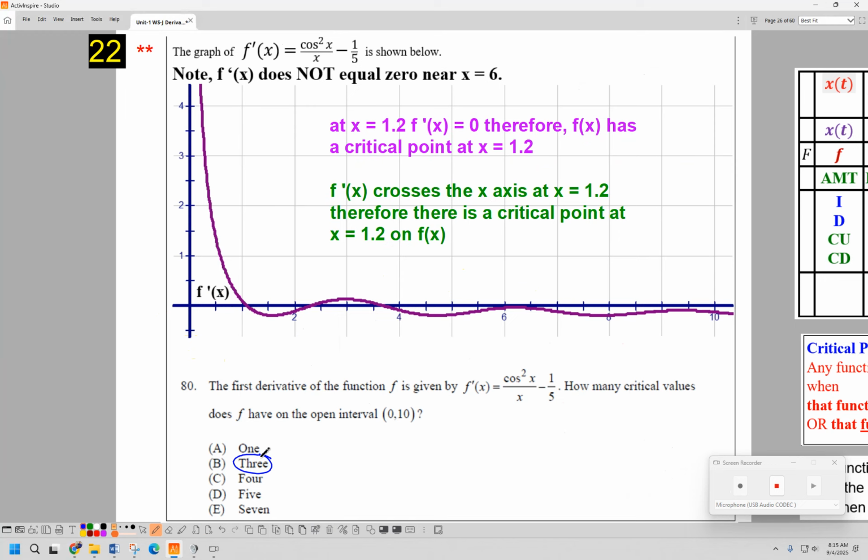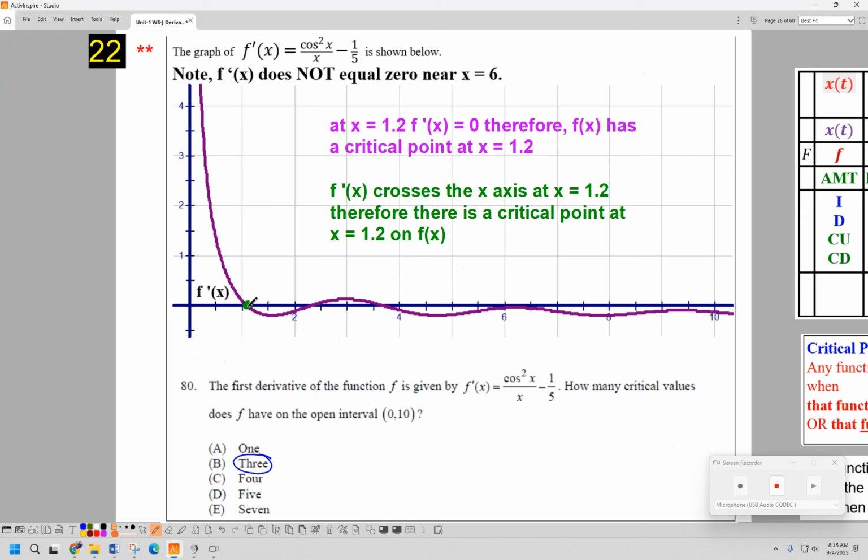Don't ever say the word critical point unless you follow that word with "of." Saying critical point alone doesn't make any sense. So I can say the critical point of f will occur at the same x coordinate where the value of f prime is 0. So right here, f prime has a value that is equal to 0.